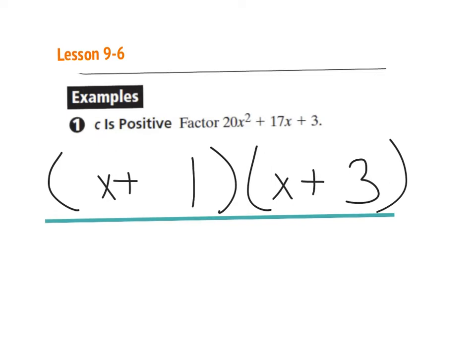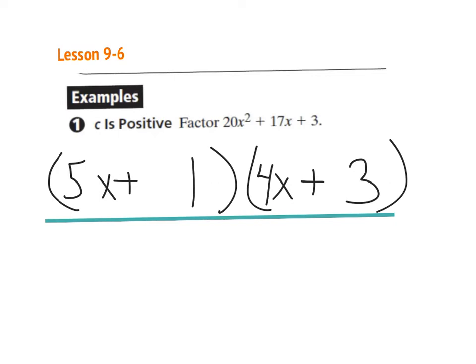My gut is telling me right now I want something like 5 and 4. I don't know why, but I think I want 5 and 4. Now imagine if I placed a 5 here and a 4 here. My outers create 15 and my inners create 19.